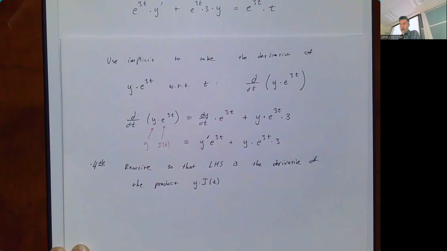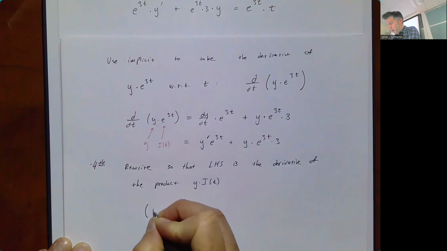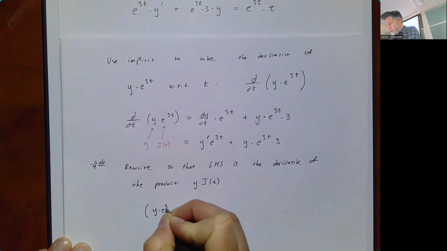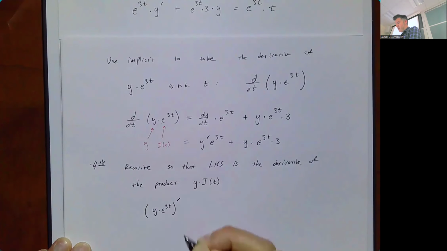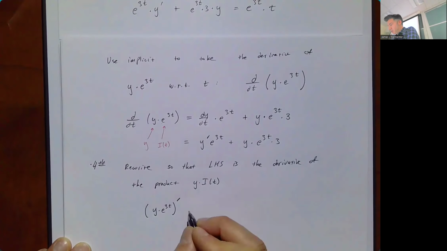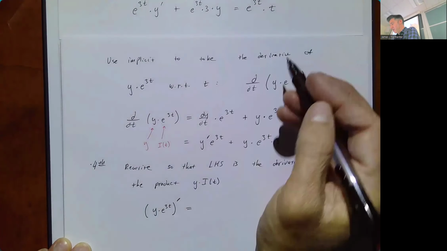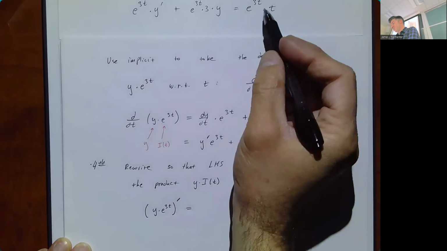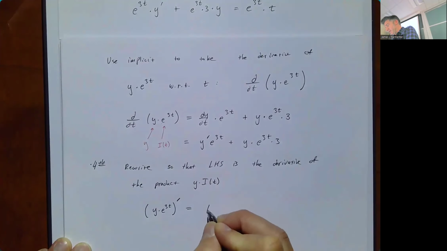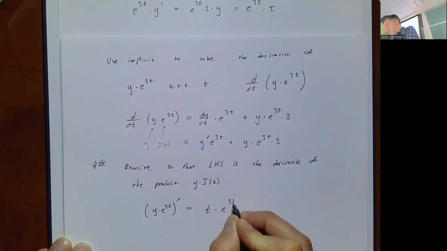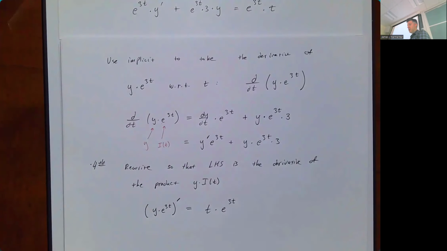So I'm going to rewrite this as y times e to the 3t prime, or you can put derivative in front of that if you want to. I would just rather use the prime notation, equal to the same thing on the right, which is, I'm going to rewrite the order here just because it feels more natural, t times e to the 3t.